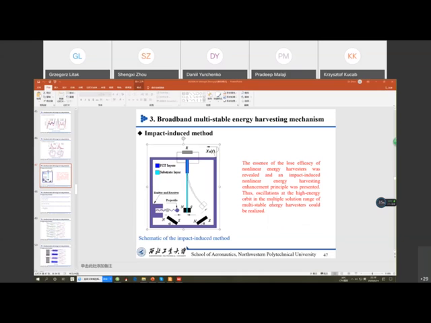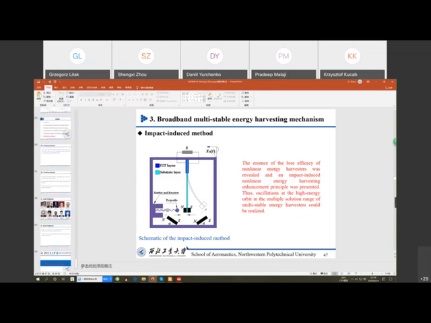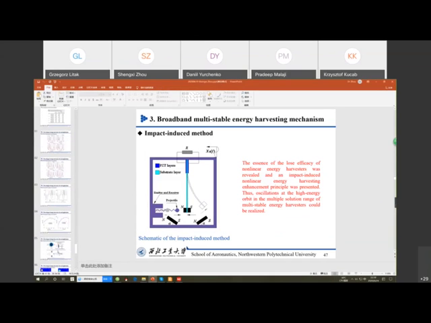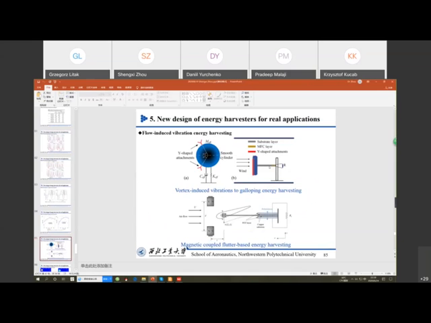But if the amplitude is not too large, for example, here I can show you. In this picture, the magnetic coupled flutter-based energy harvester, the magnet on one side provides the nonlinear restoring force to the harvester, and on the other side, it also can confine the harvester, keeping the vibration from becoming too large.